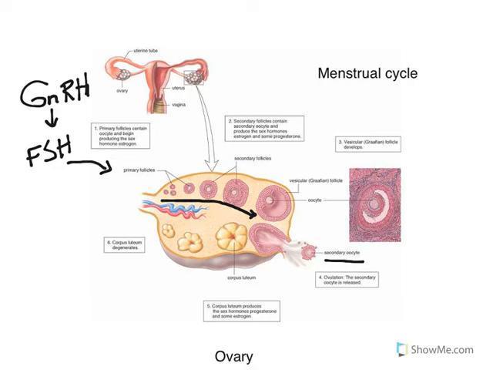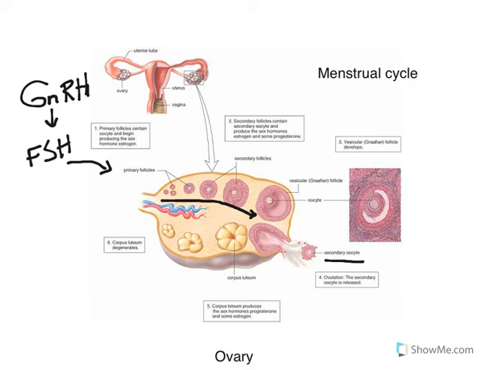At the same time this follicle is maturing, it's also going to be producing estrogen. And estrogen is going to be affecting the development of the endometrium, causing it to build up.